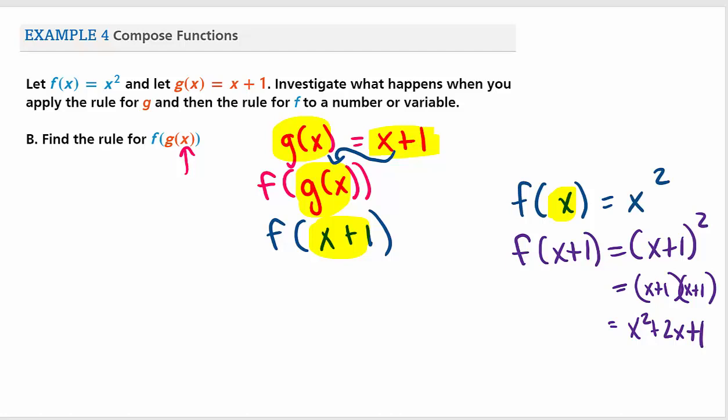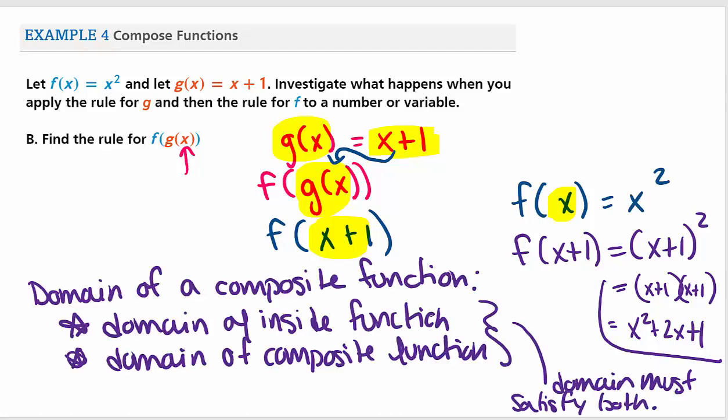Now this question isn't asking to find the domain, but later on we are going to learn more about domains. When you find the domain of a composite function, you look at the domain of the inside function and the domain of the solution. Let's go back and look at the original question. The domain of the inside, x plus 1, is linear, so our domain for this is all real numbers.